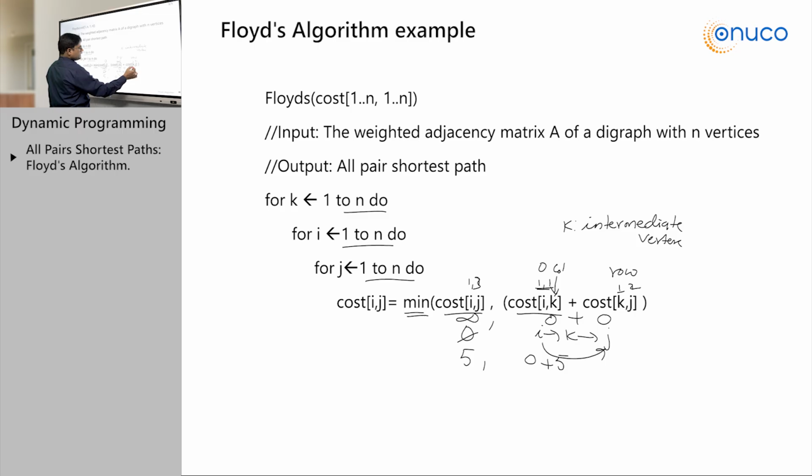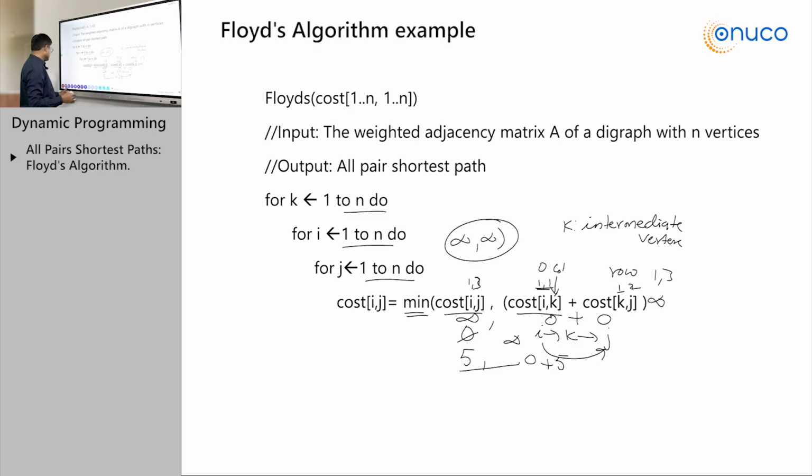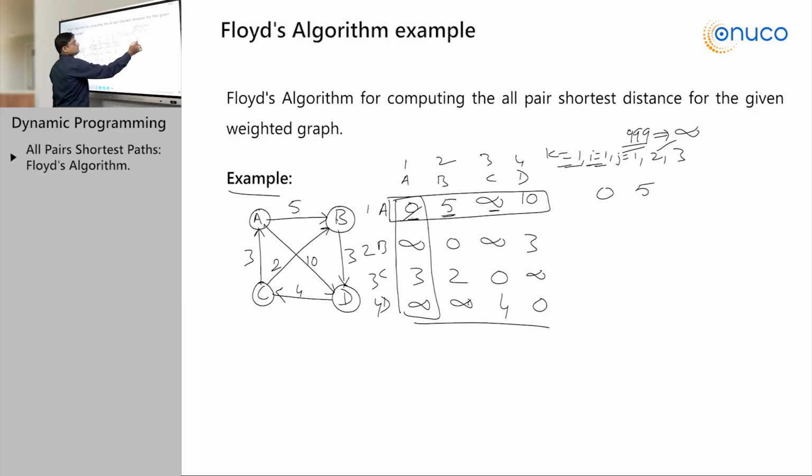Cost of kj, 1 3, is infinity. So infinity plus 0 is infinity. So infinity comma infinity, minimum is infinity, so no change. So here it is infinity. Now let us see 1 4, because whatever the shaded part we have done.